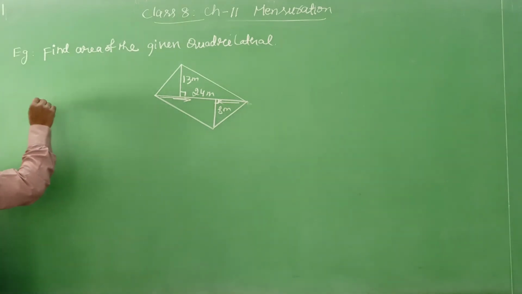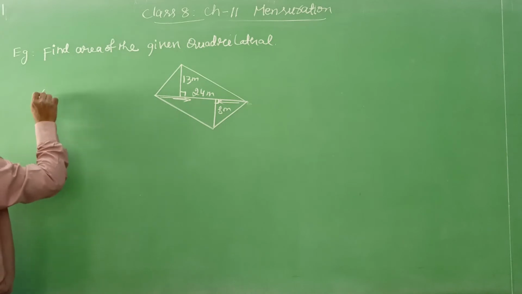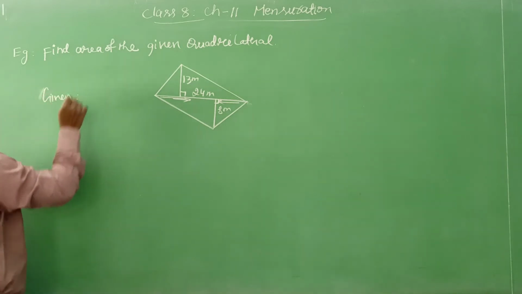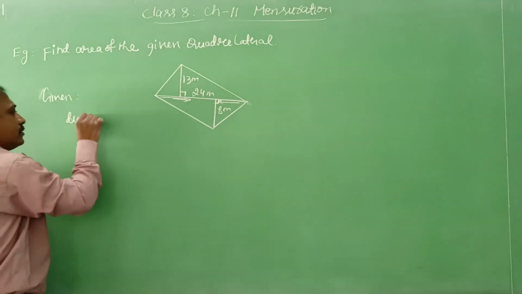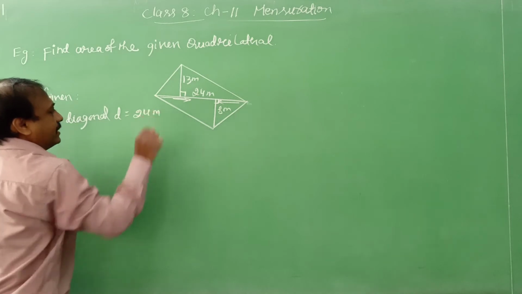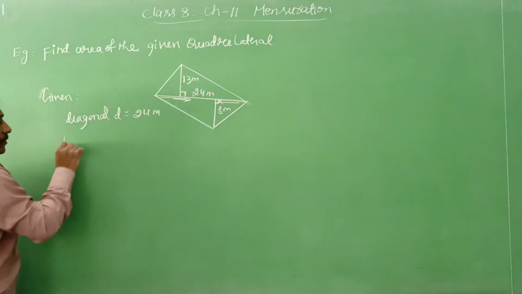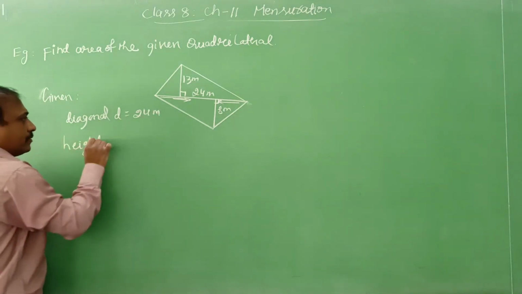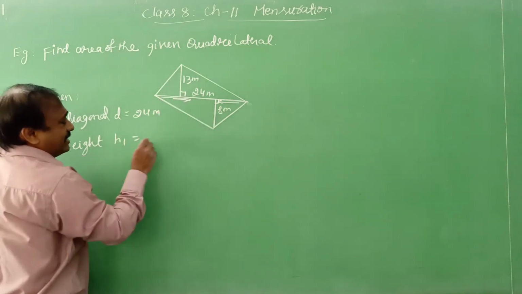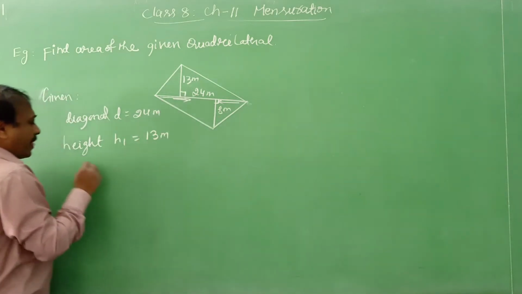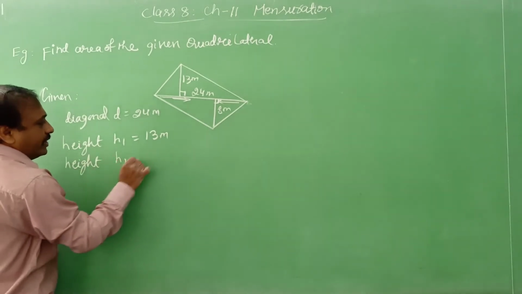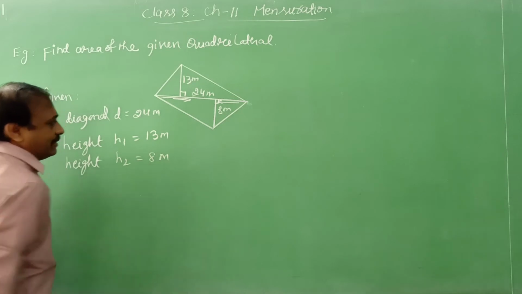First write what d is. d is equal to the given diagonal, 24 meters, and height h1 is equal to 13 meters, you can assume either one. Altitude h2 is 8 meters.